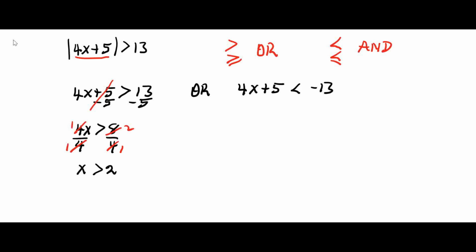On the other side, we can also subtract 5 from both sides, and positive 5 minus 5 is 0. So this will become 4x is less than negative 13 minus 5, which is negative 18. So we divide both sides by 4, and 4 divided by 4 is 1. 18 divided by 2 is 9, and this will give us negative 9 over 2.